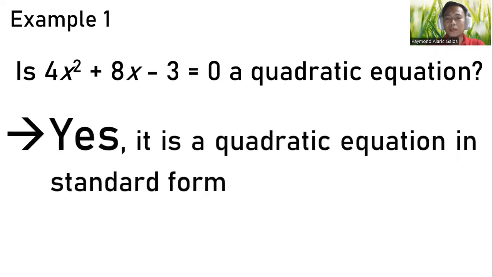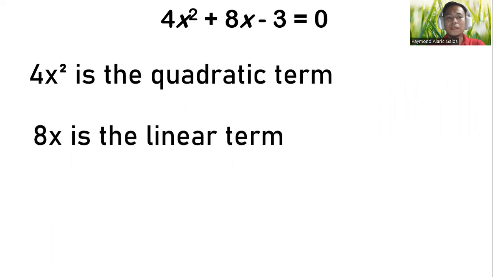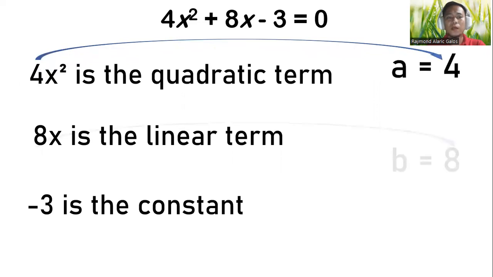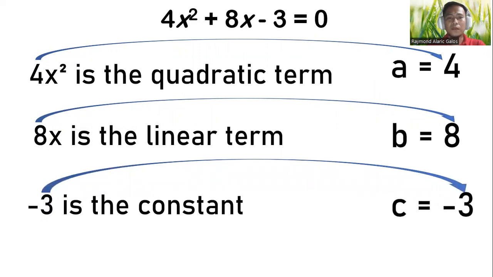Yes, it is a quadratic equation in standard form, where 4x squared is the quadratic term, 8x is the linear term, and negative 3 is the constant, where a is equal to 4, b is equal to 8, and c is equal to negative 3.